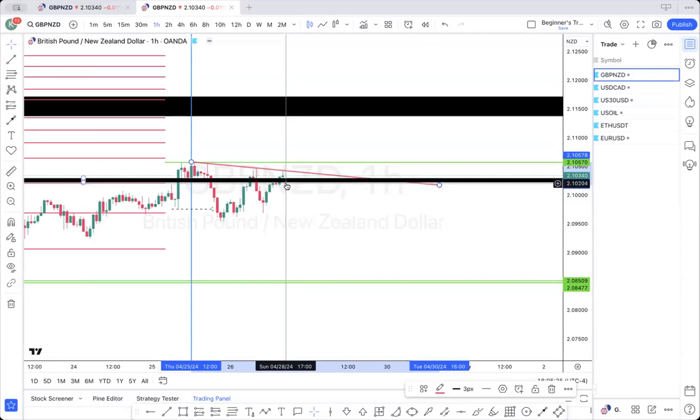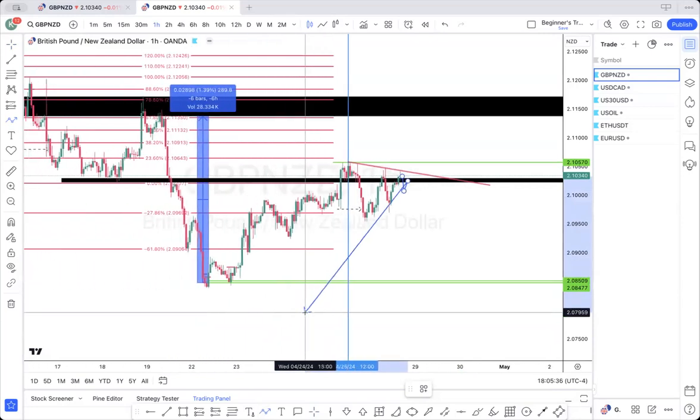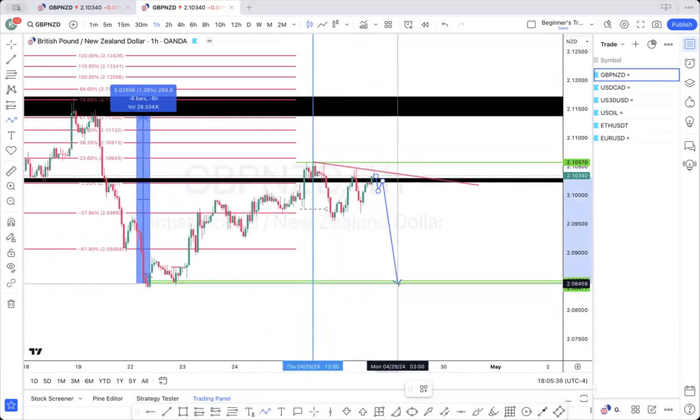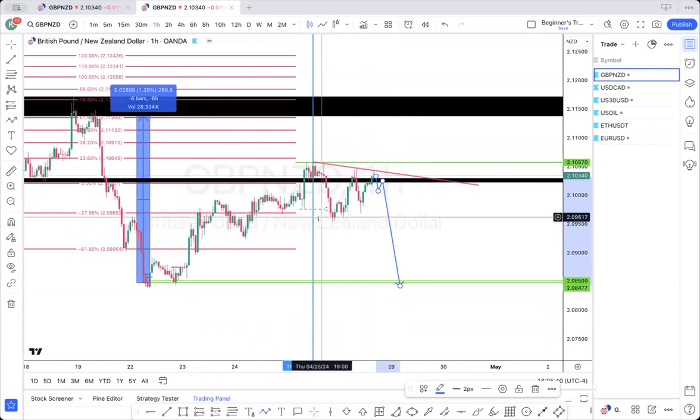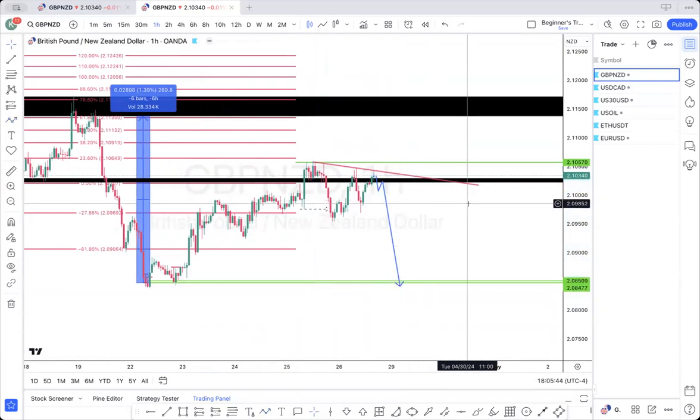And this is on the 1 hour, right? I want to see price violate this order block, pull back to my zone, and then sell. And wherever you want to set your targets, that's up to you. That's what I want to see.